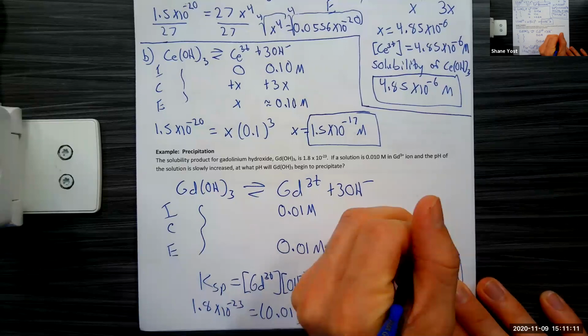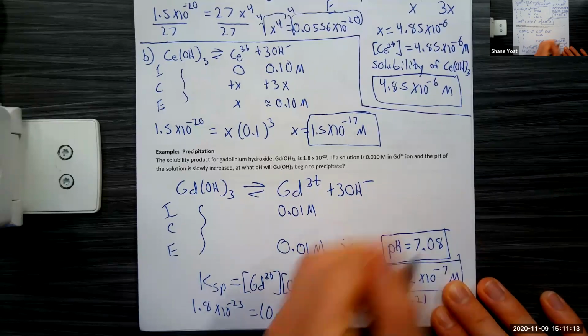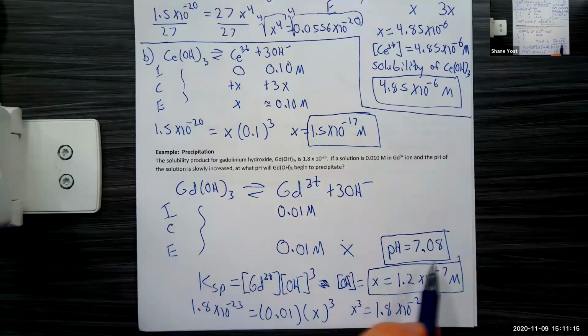And so at a pH greater than 7.08, you will start forming solid in the solution. Any pH less than that, and you will not. And at a pH of 7.08, you will form a saturated solution.